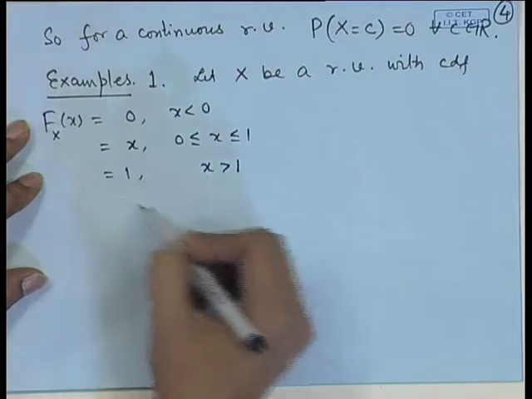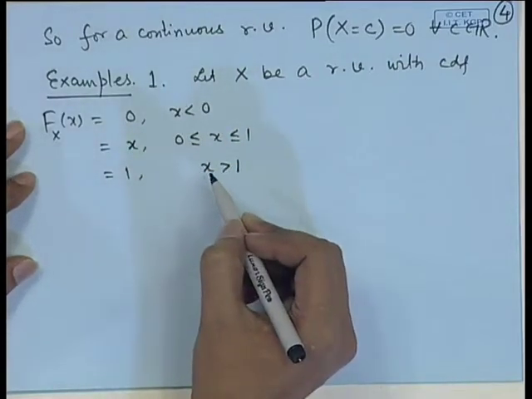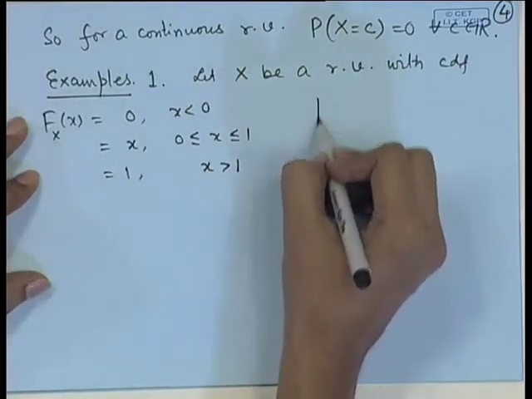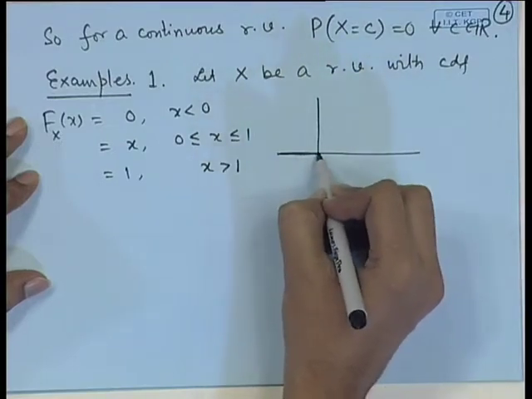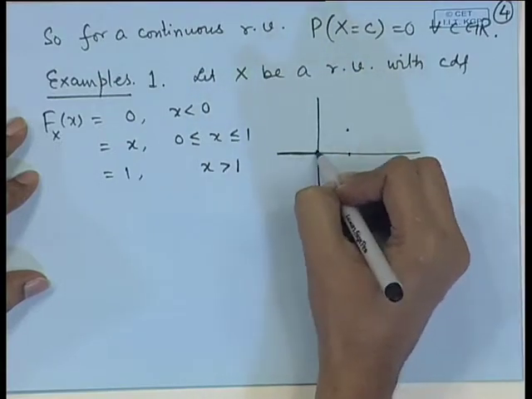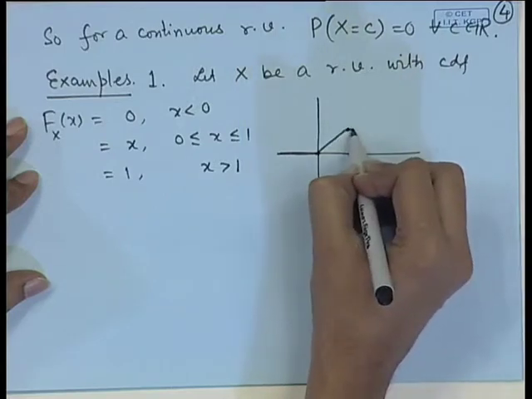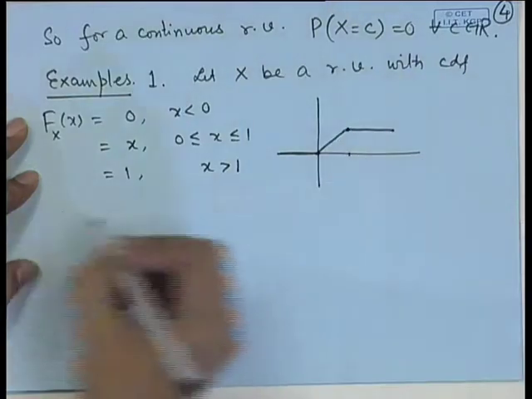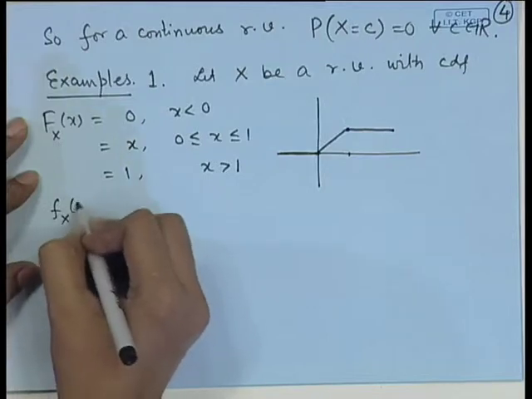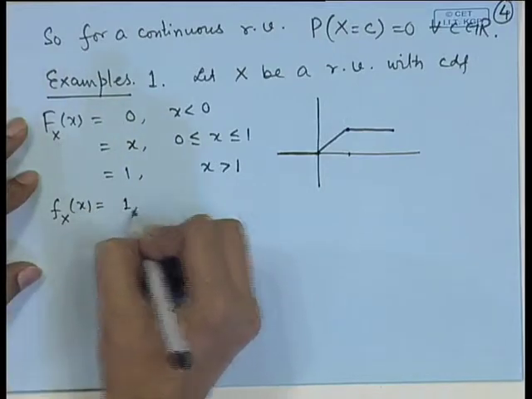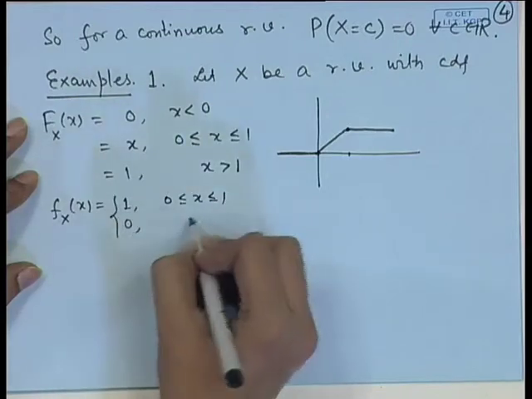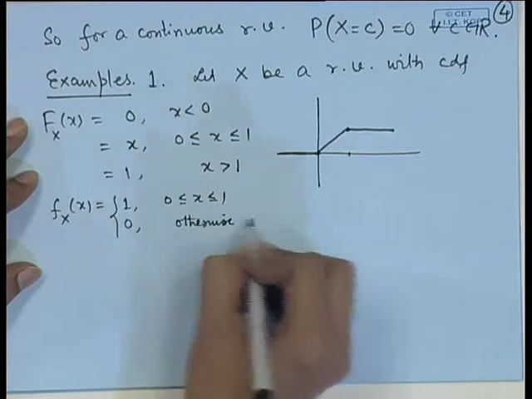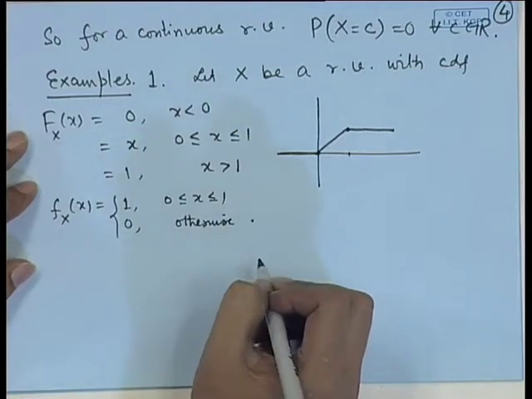Quite obviously, this is an absolutely continuous function, and you can plot it. For x less than 0 it is 0, from 0 to 1 it is x, and thereafter it is 1. So, the density function is given by 1 for 0 less than or equal to x less than or equal to 1, and it is 0 for x lying outside the interval 0 to 1.